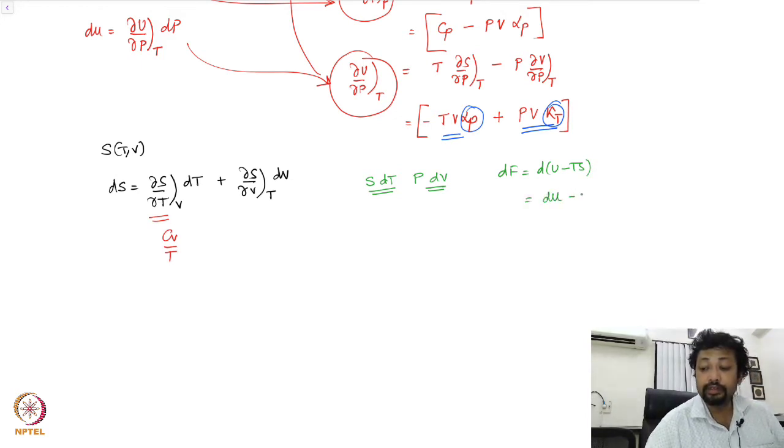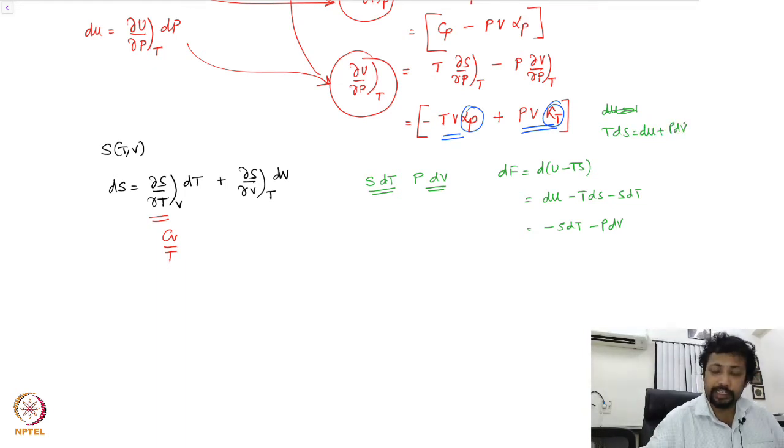du minus dds minus s dt, which is minus s dt, and du minus dds is essentially minus p dv, because your first law is dds is du plus dv.